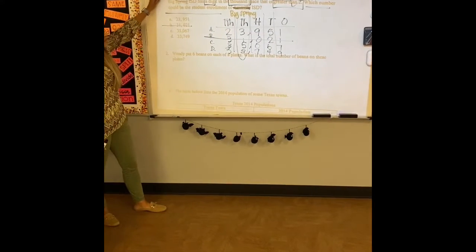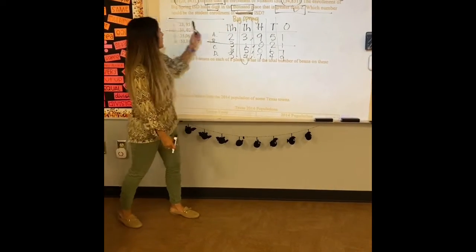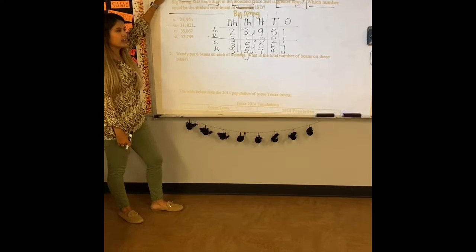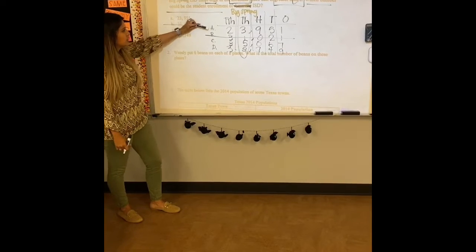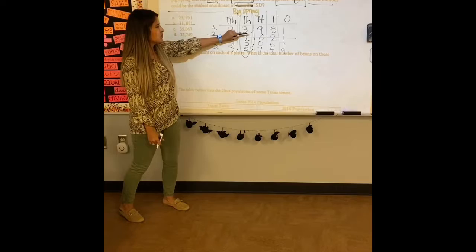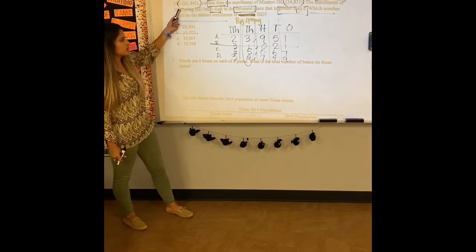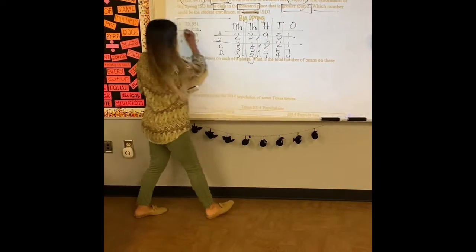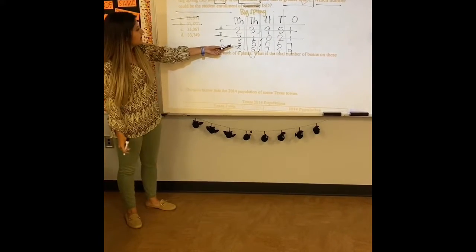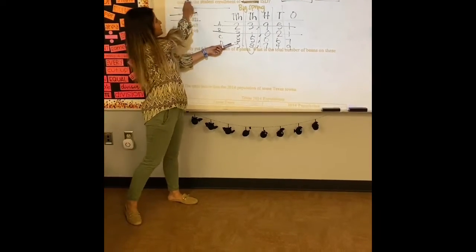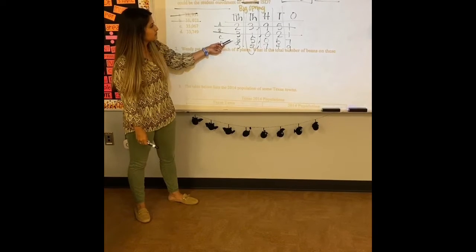We also know that Big Spring ISD is greater than 26,843. So when we take a look at A, 23,000 is not greater than 26,000, so we can eliminate A. When we go down to C, 35,000 is greater than 26,000.